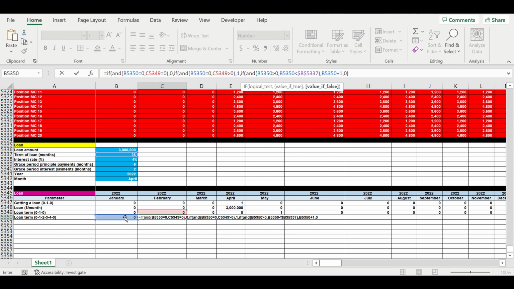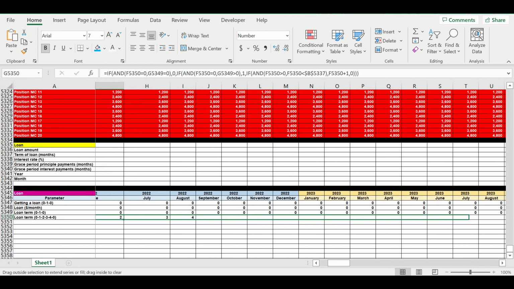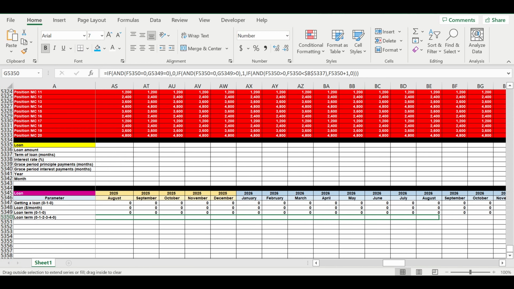We're closing the term of the loan. So now we can see how the counting months of the term of the loan.